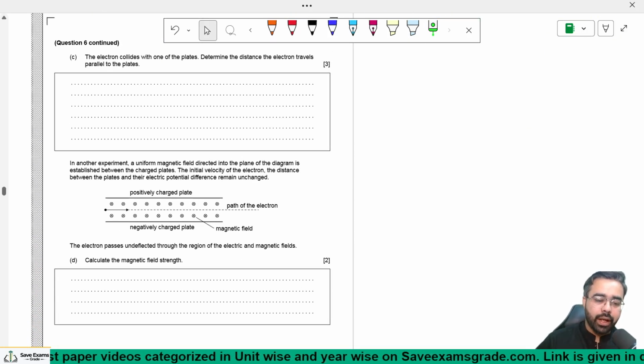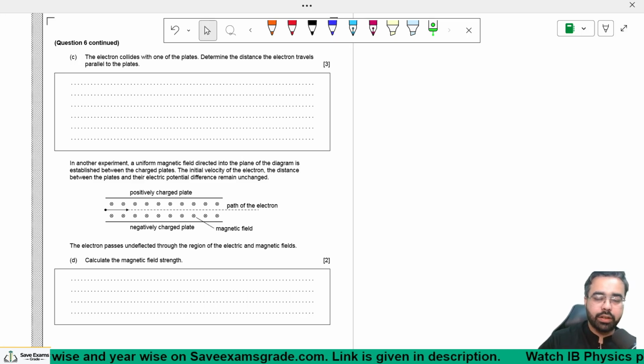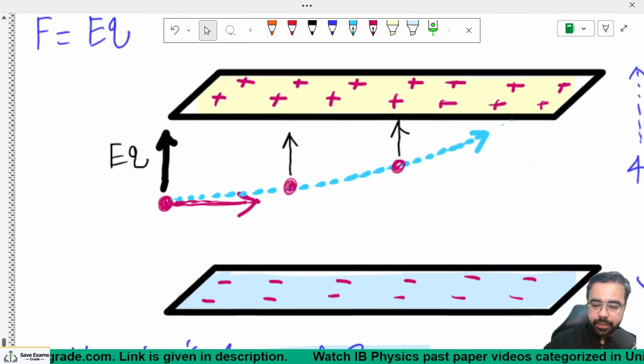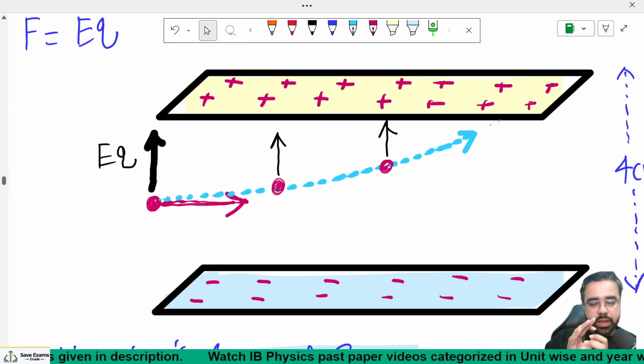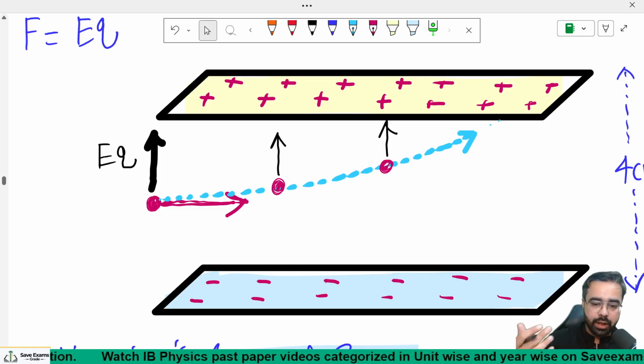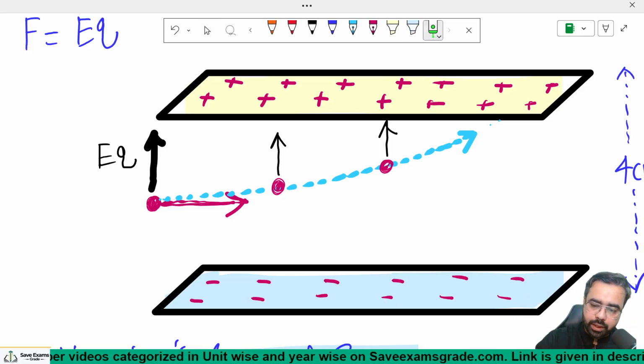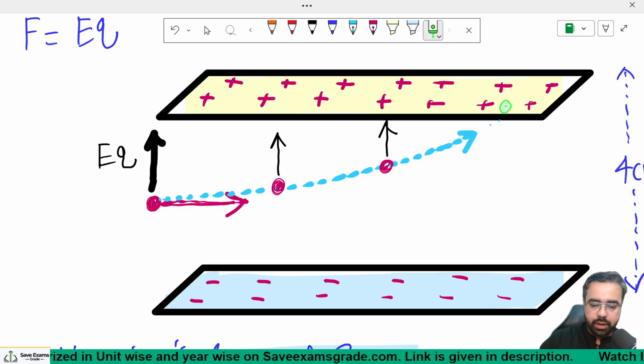The electron collides with one of the plates. Determine the distance the electron travels parallel to the plate. Now, dear students, as you see in this diagram, this electron is already moving two-dimensionally. It is moving in a projectile path, right? And according to this, the electron will hit right at this point.